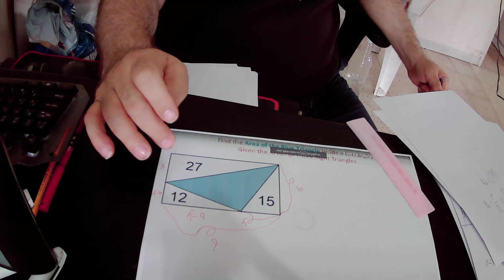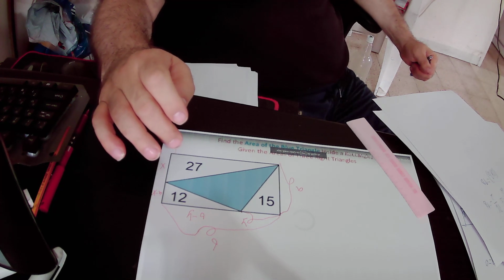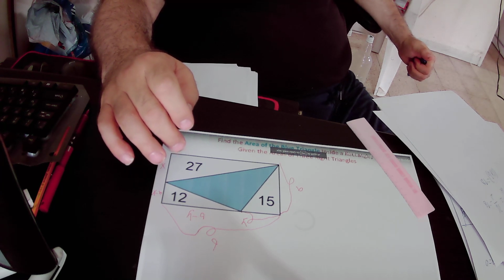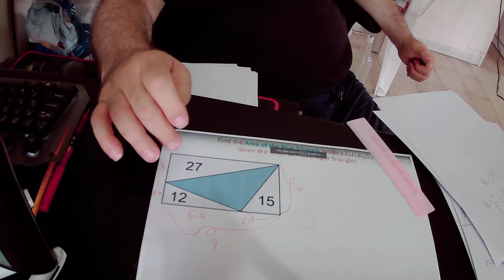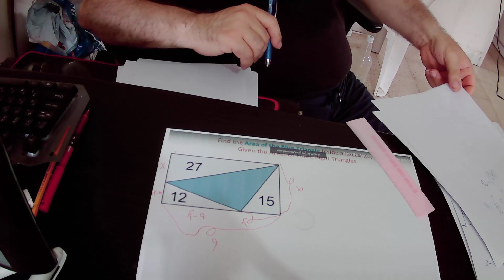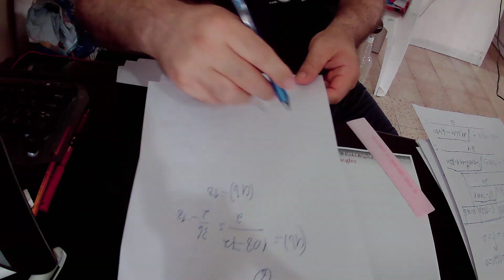So the option of 18 units is impossible, so the only option that's left is that the area of this rectangle equals 90 units.